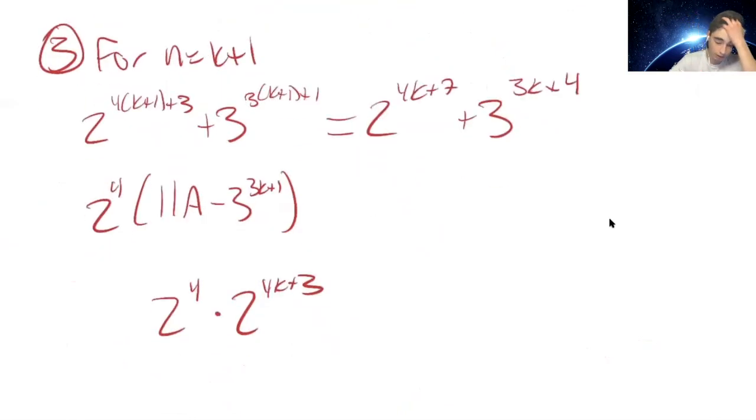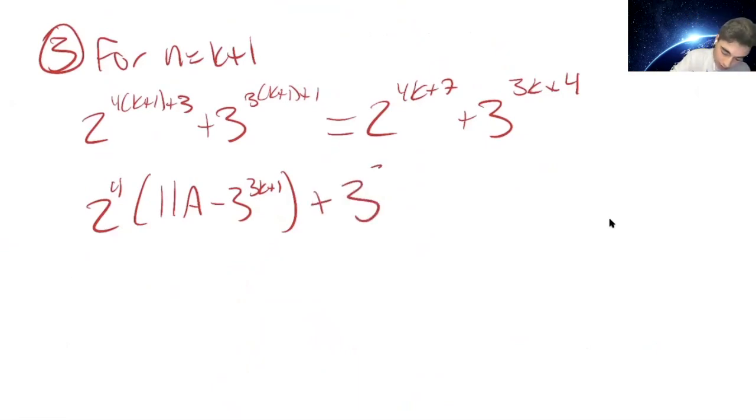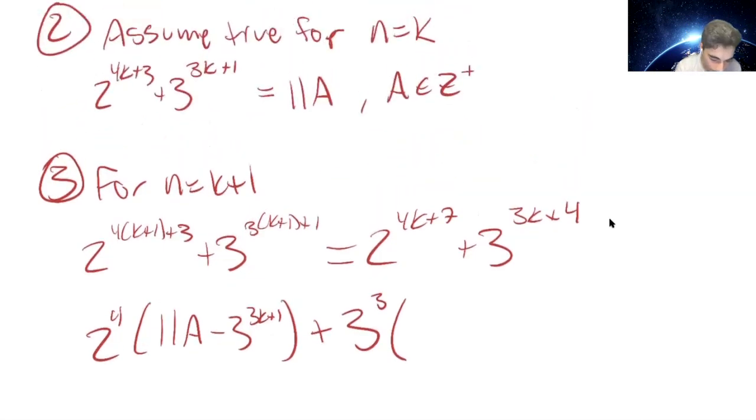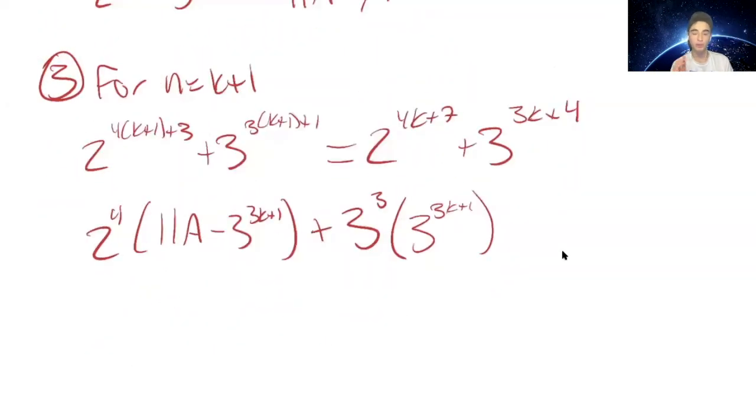Okay, so I can delete this too. And now we also have 3 plus 3 to the 3 times 3 to the 3k plus 1. So we put in the 3 to the 3k plus 1. Just to explain why I'm not saying 3 to the 3k plus 1 is 11a minus 2 to the 4k plus 3: that's because we're trying to get the same things.